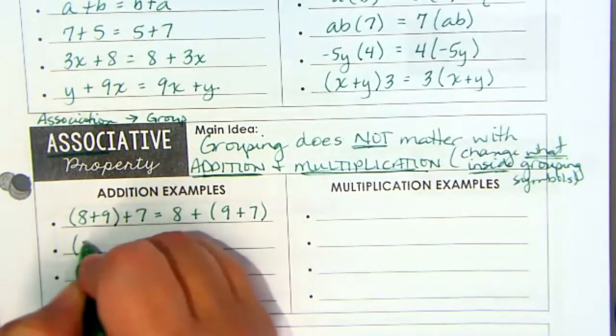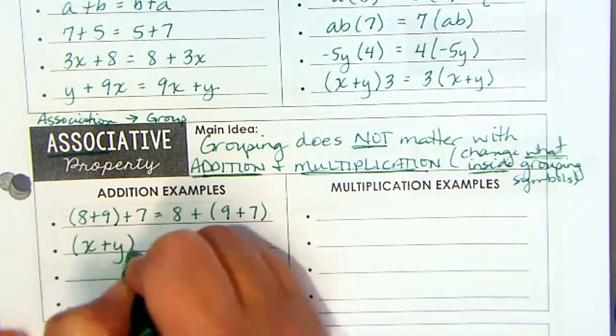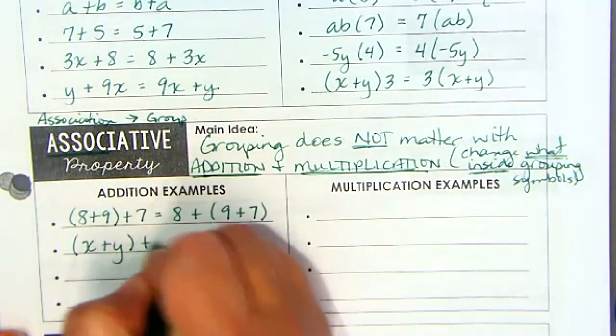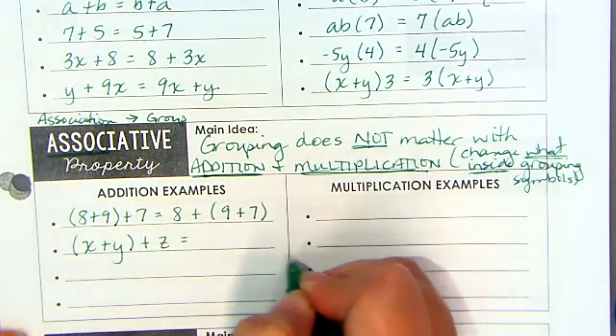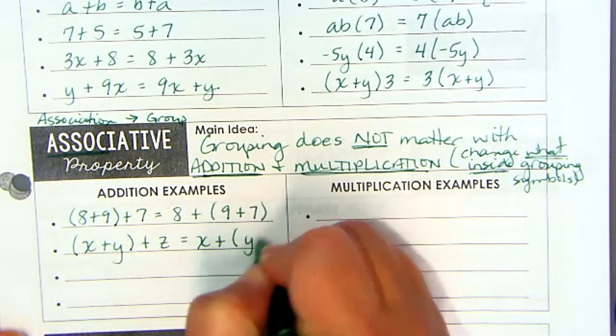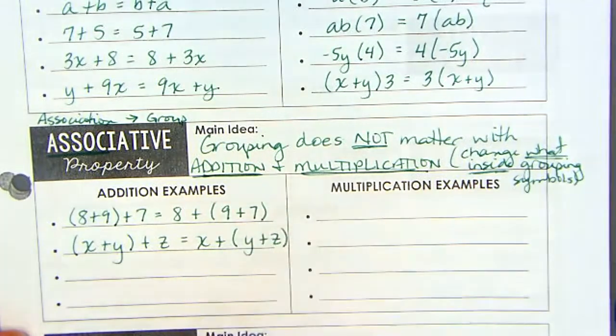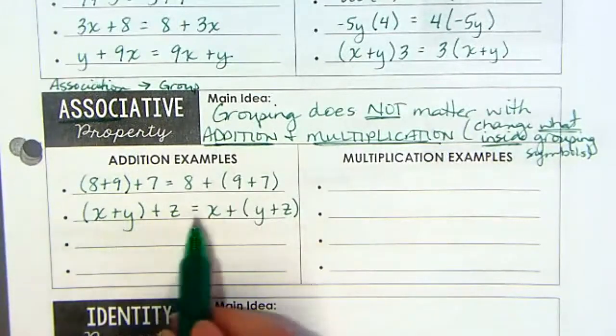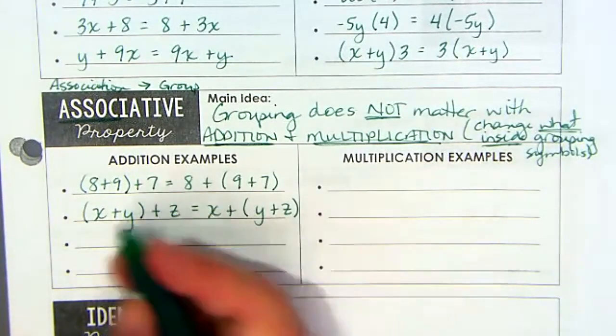Another example is open parentheses, x plus y, close parentheses, plus z equals x plus, open parentheses, y plus z, close parentheses. The letters are still in the same order, just what's inside the parentheses is changed.